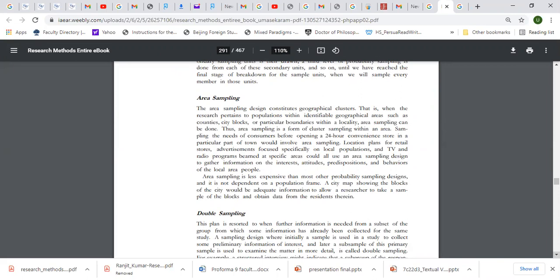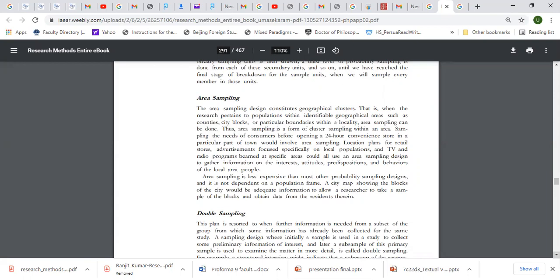So let's suppose you are conducting a study in sociolinguistics, and you want to study the difference in dialects. In that case, you'll go for area sampling, because you know that it varies based on areas or locality, or there can be other studies associated with that as well.